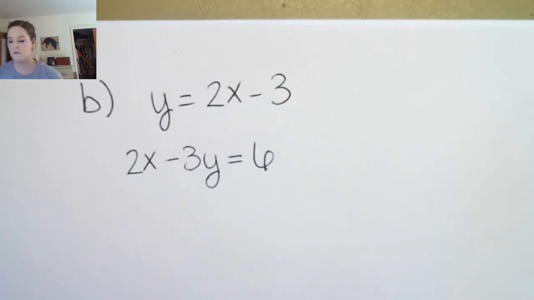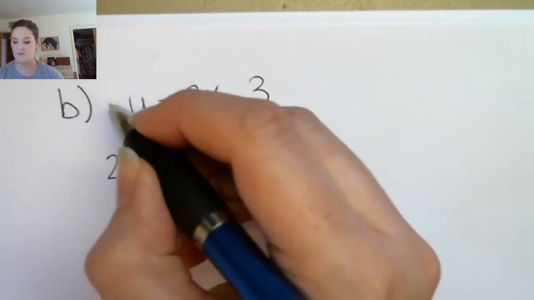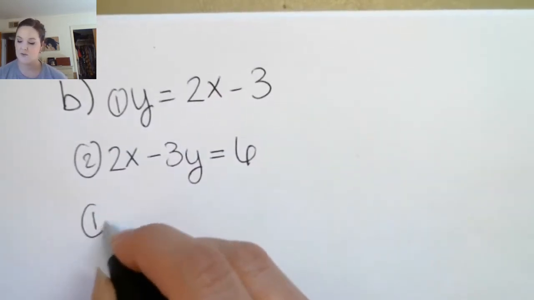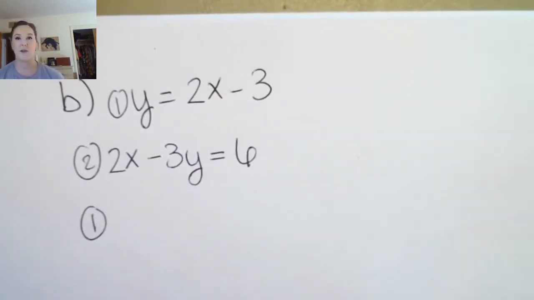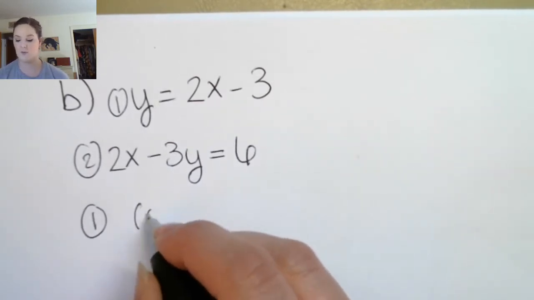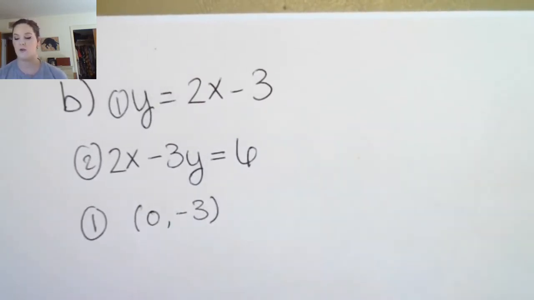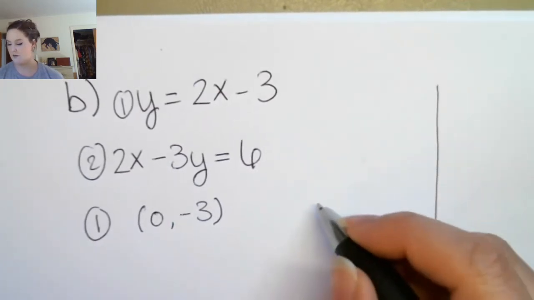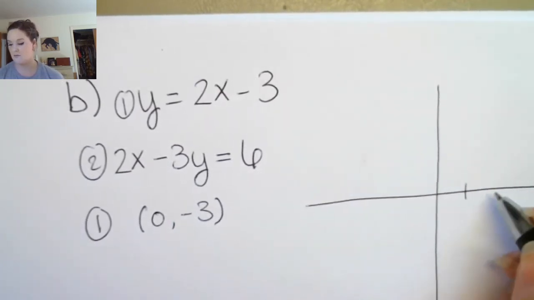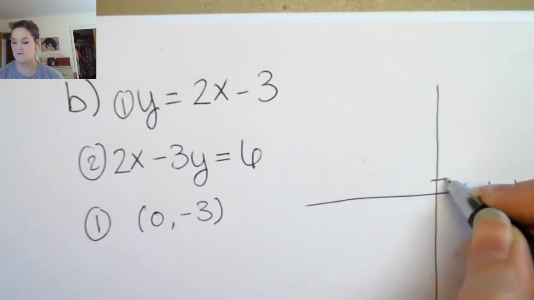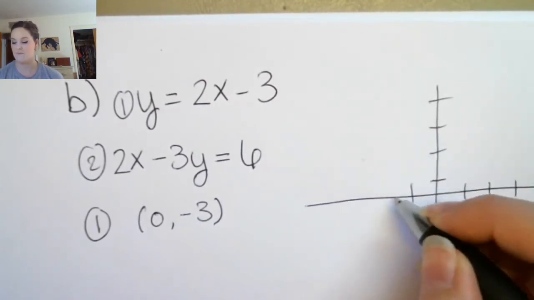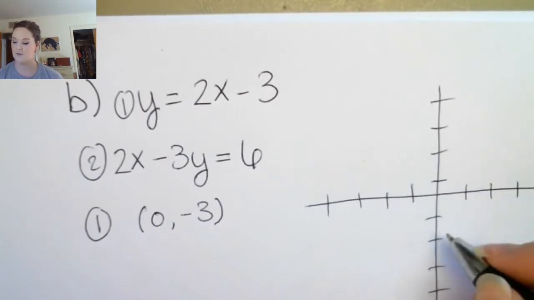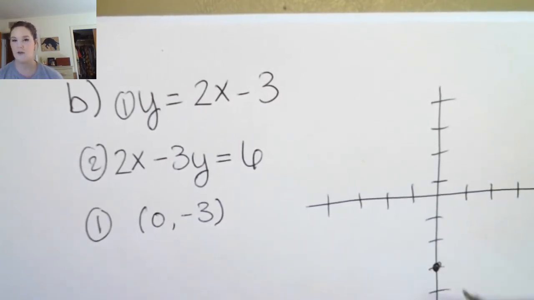So here we go. We're going to graph these two. This is my first one, this is my second one. For the first one, I'm probably going to use the slope-intercept method just because it's in slope-intercept form. So my first point is going to be (0, -3).